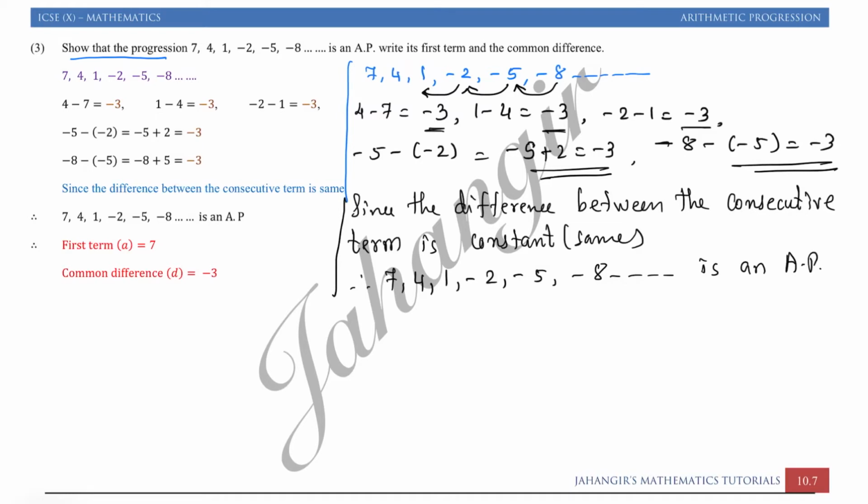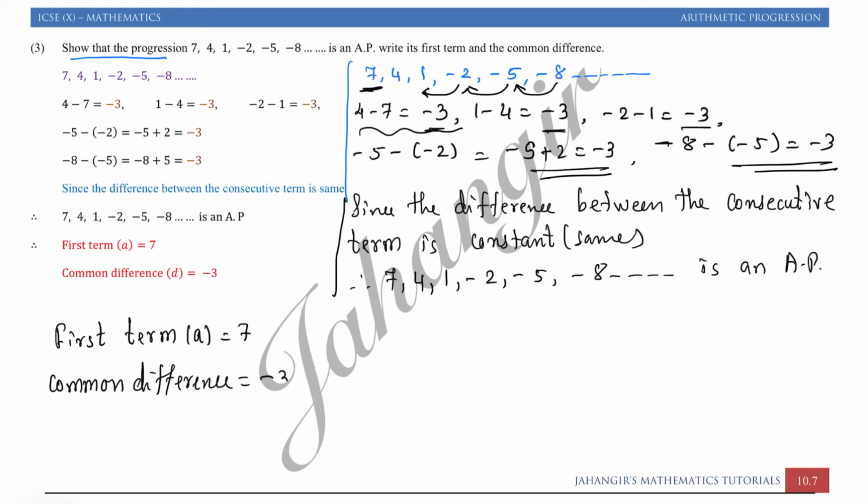So once a sequence is in AP, we can find the first term very easily. The first term, that is A, is 7. See here, the first term is 7, which you can easily find from the terms, and the common difference is second term minus first term, which we had already done over here. We can write minus 3.